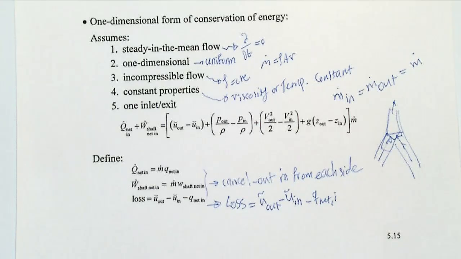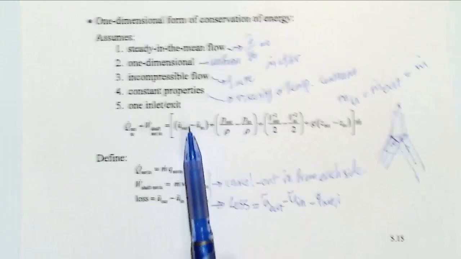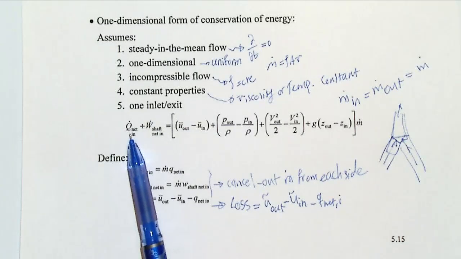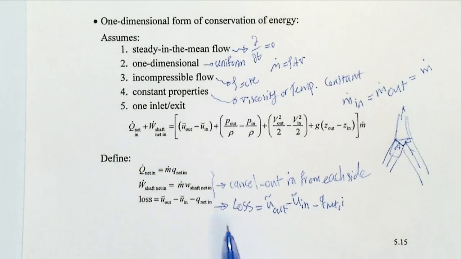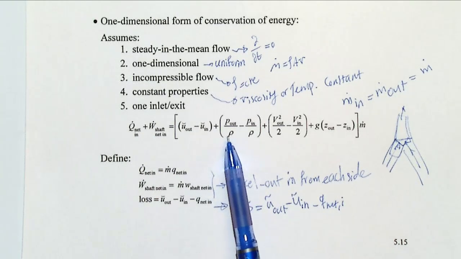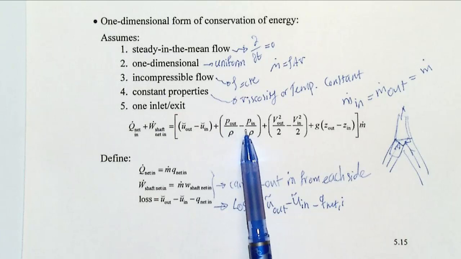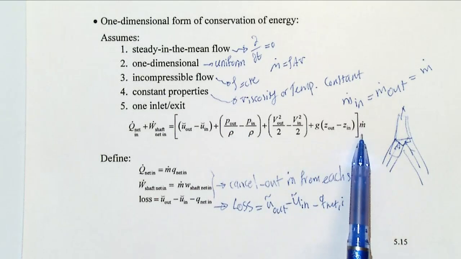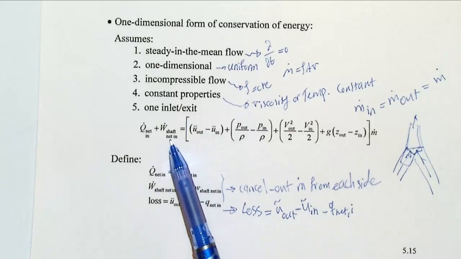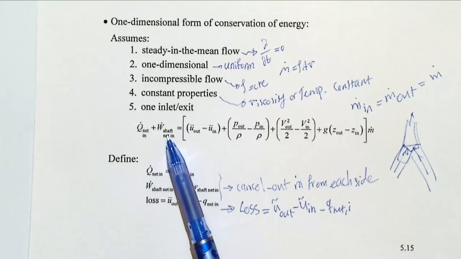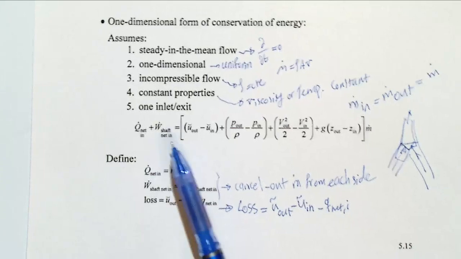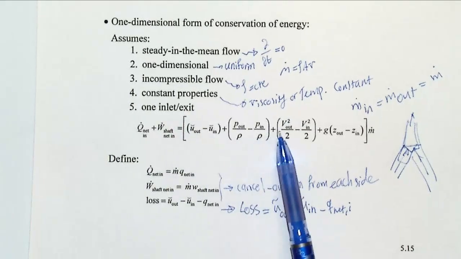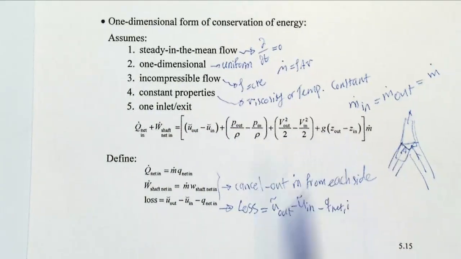What else is left? If you assume that these two terms plus Q net is going to be a loss, then what will be left? P out, P in. So in the total term that you have here, m dot cancels out, and you have a W shaft here. Keep that on the other side. We don't care about it right now. But are P out, P in, and V squared, gZ familiar to you?